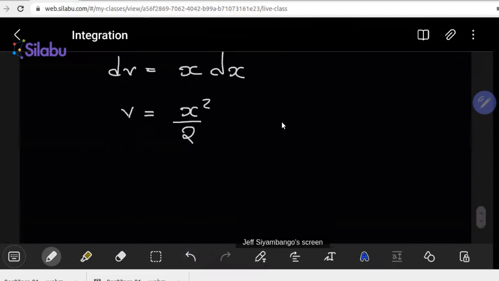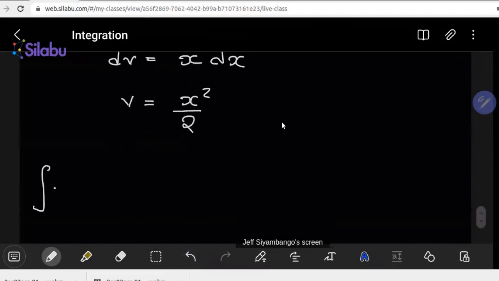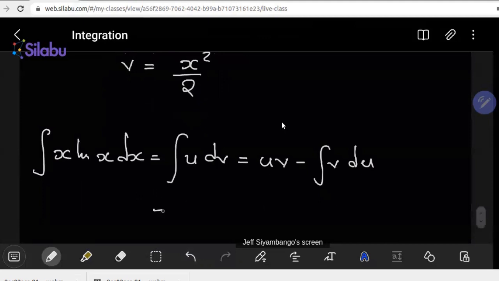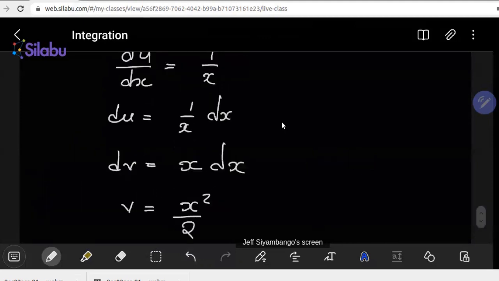So our integral of x ln x dx is now equal to, ln x is our u, x dx is our dv. So now this is just uv minus the integral of v du. We perform the substitution. What is our u? Our u is ln x.